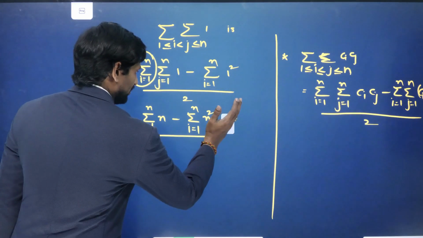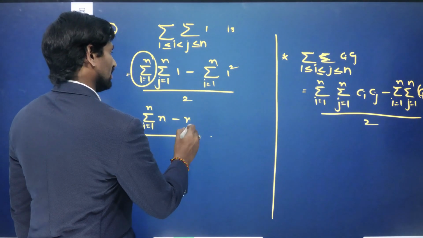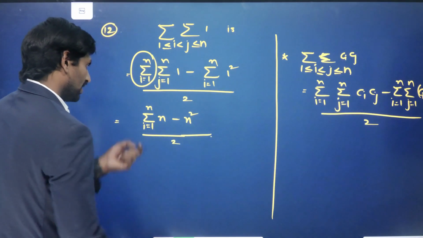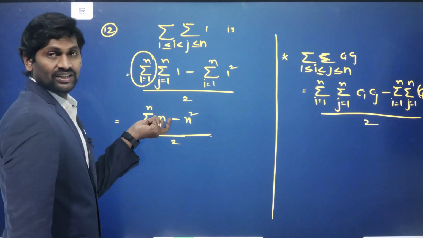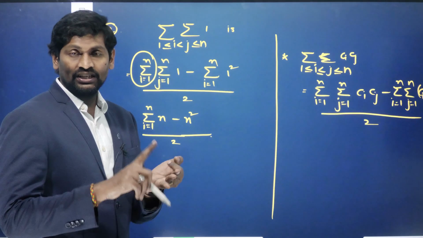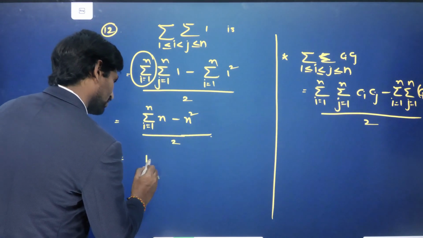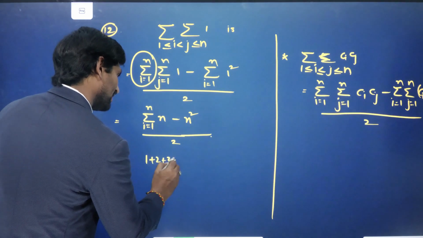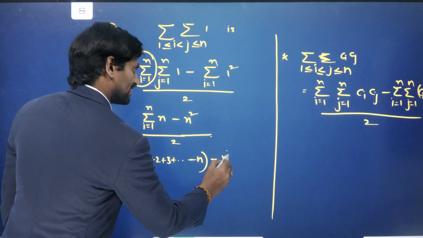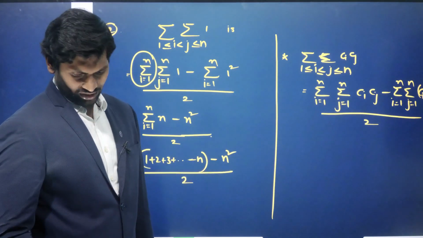That means we can remove that sigma because we already substituted the value here, n square by 2. Now again sigma i equals 1 to n, that means in the place of i we can write 1, 2, 3, 4. That means 1 plus 2 plus 3 plus 4 like this will come. That is nothing but 1 plus 2 plus 3 plus and so on plus n, minus n square by 2. Okay na?